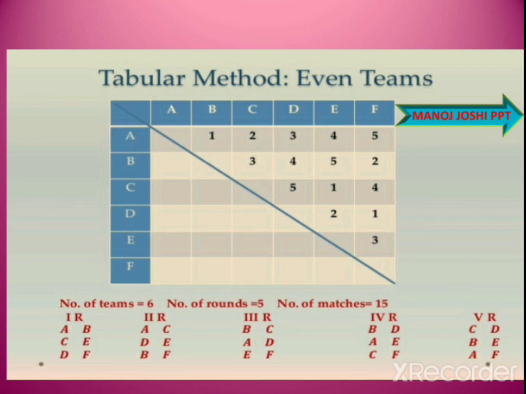Then second row, after the 2, 3 will come. This box is free because the previous box is cut. So we are writing here 3, 4, 5 and 5 is the last number because number of rounds are 5, n minus 1. In case of even number of teams, n minus 1 rounds will be there. So 5 is last. So we are writing the 5 number.